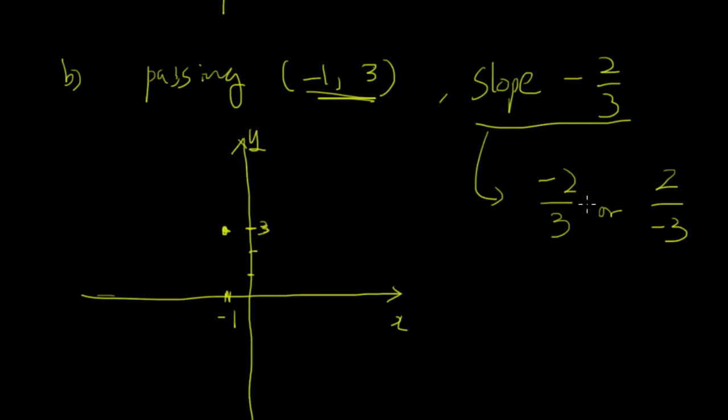Now, it doesn't really matter which one that you apply, so let's apply this, right? Y being, this is Y change, right? This is X change. So Y being negative 2, which way should we go from here? Being negative 2. 2 step down. 1 and 2 step down. So far we are here.